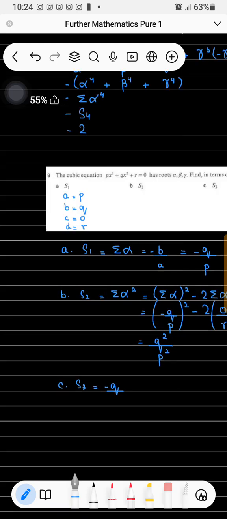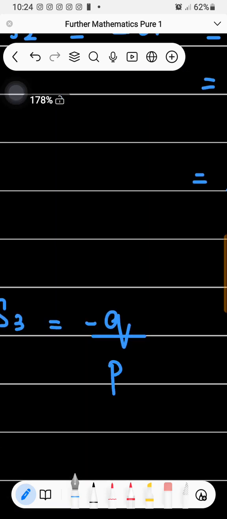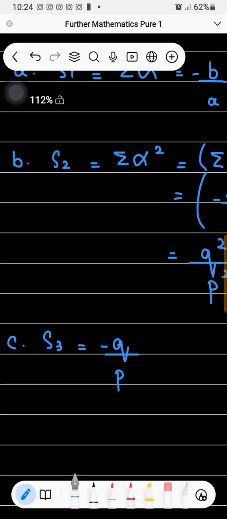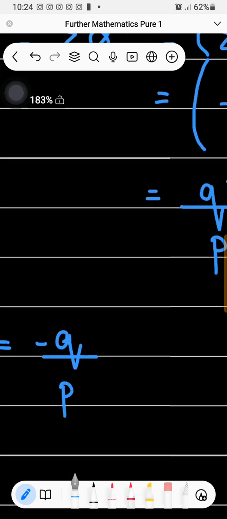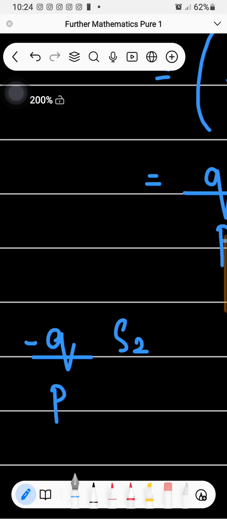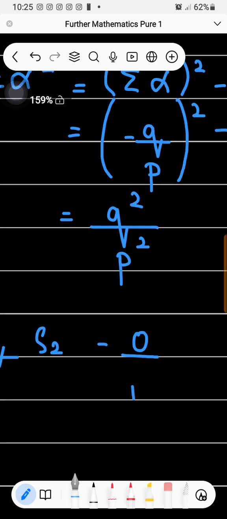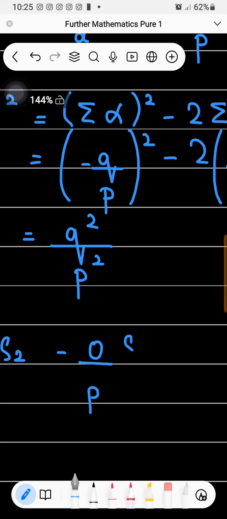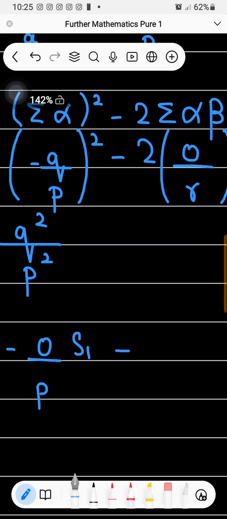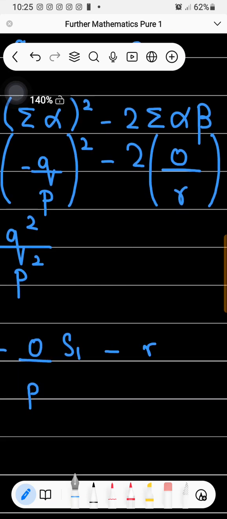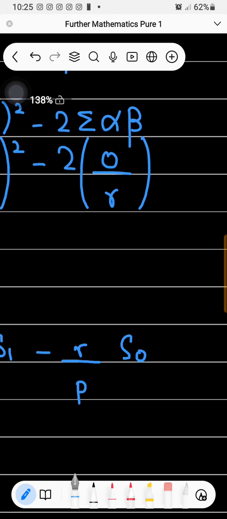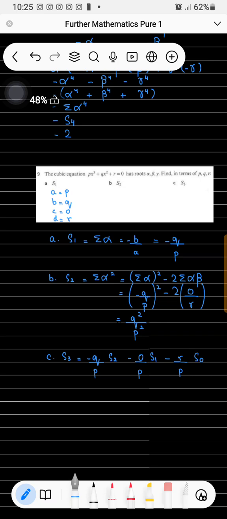A is p, minus q upon p, s2, then minus 0 upon p s1, then minus r upon p s0. Okay, so this is our formula.